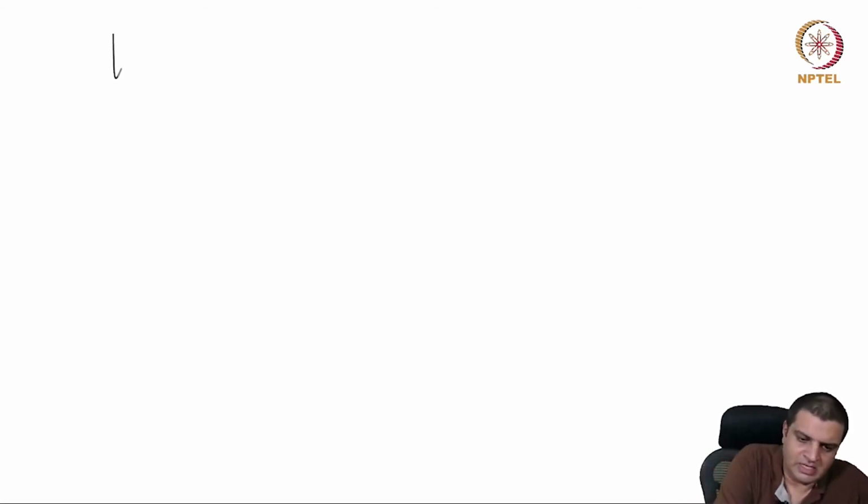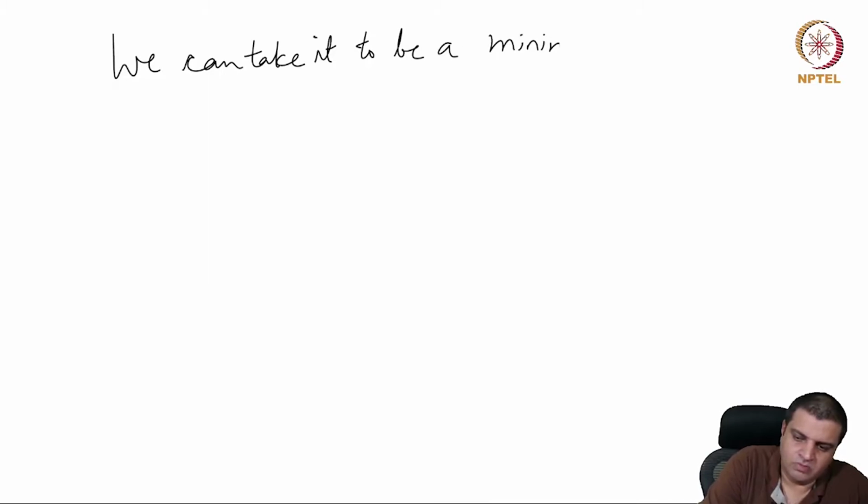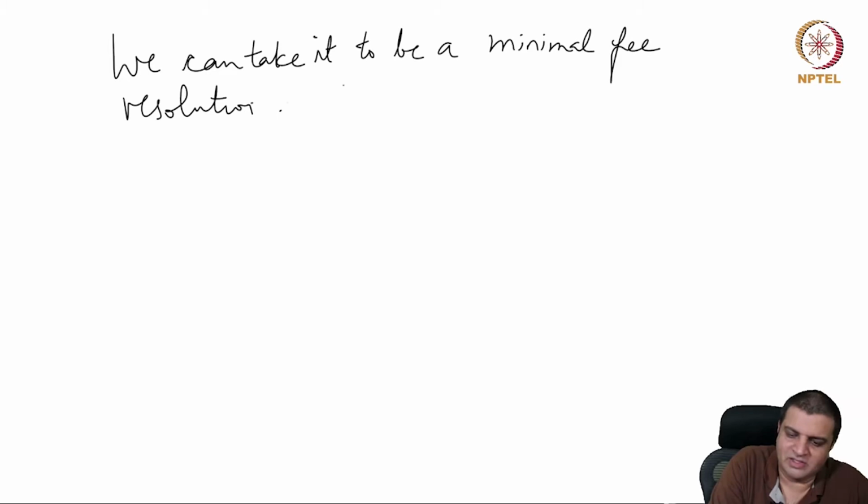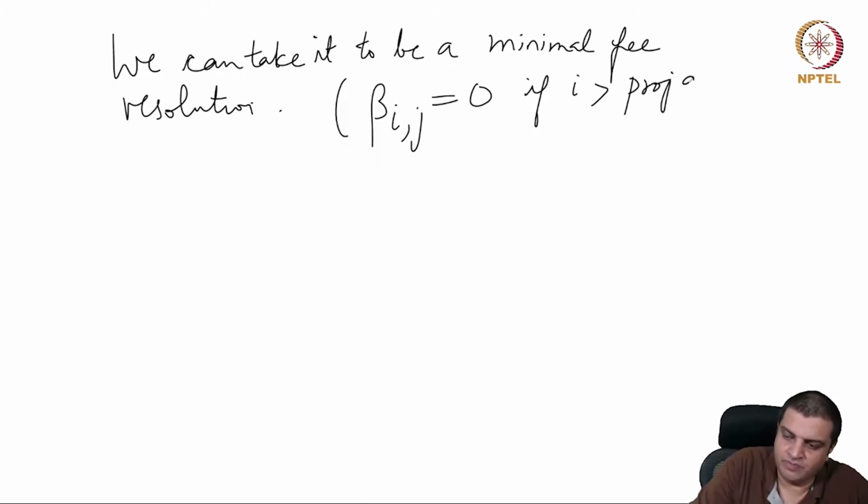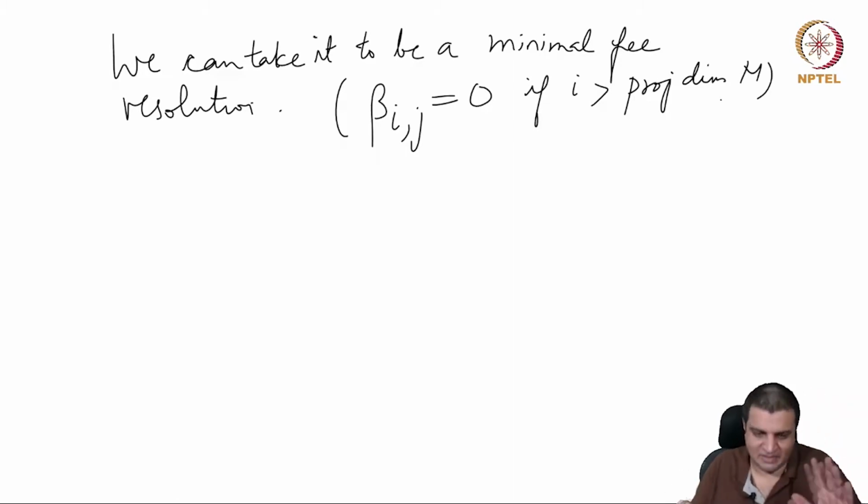So we can take this to be a minimal free resolution. Remember beta ij is 0 if i is bigger than the projective dimension of M. So we can still treat it as such.